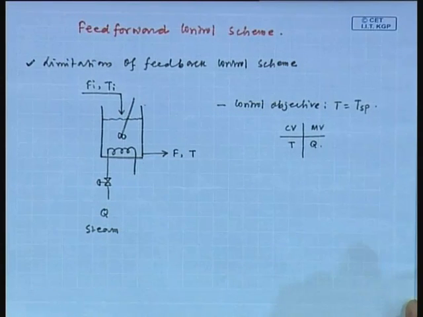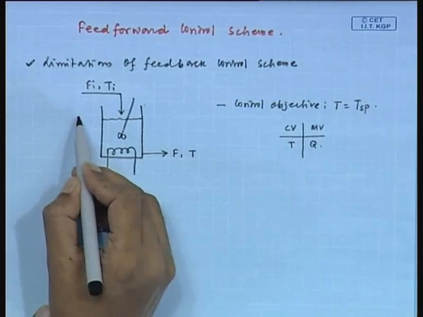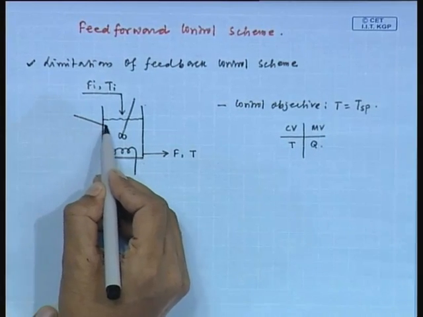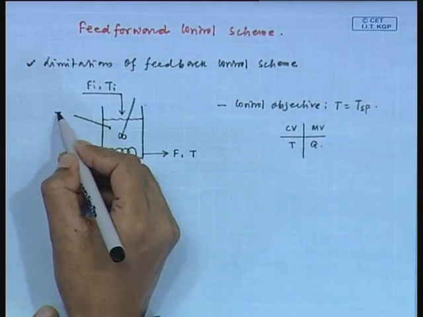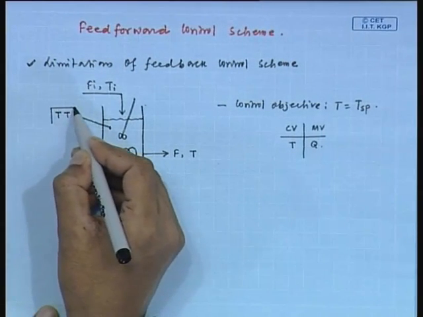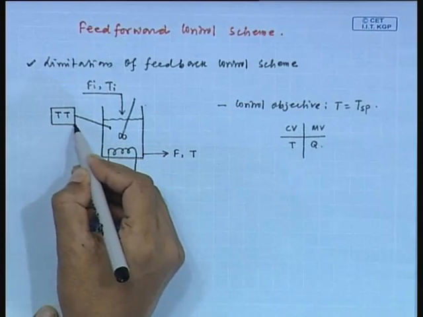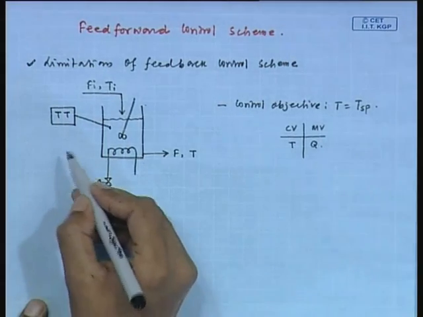Now, we wish to employ one feedback control scheme. First, we need to measure the temperature by using a temperature measuring device denoted by Tt.